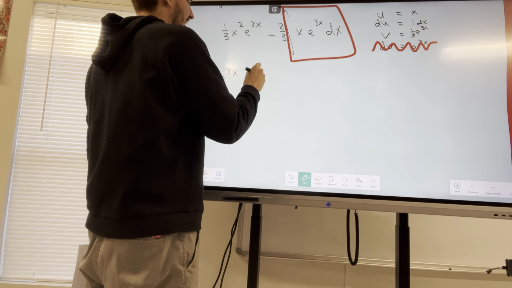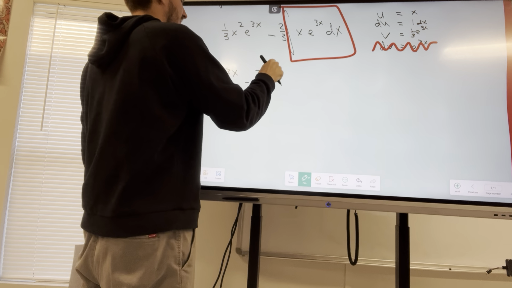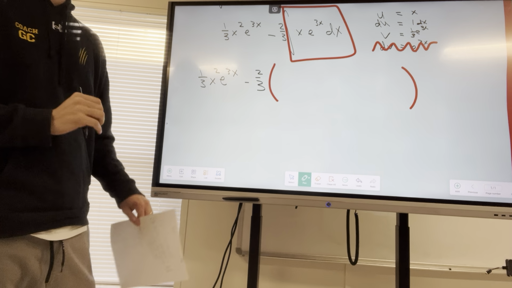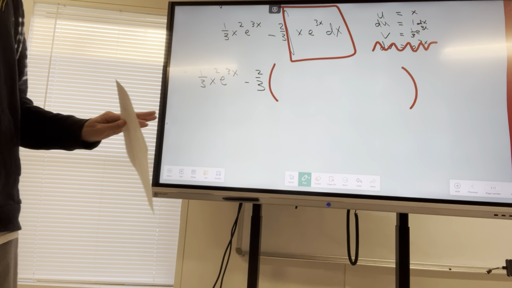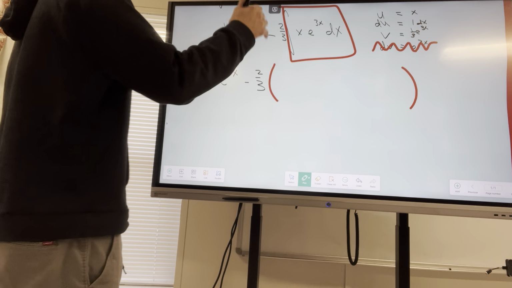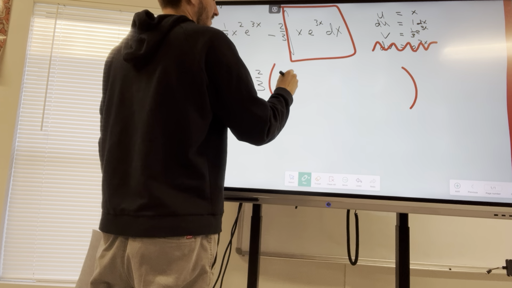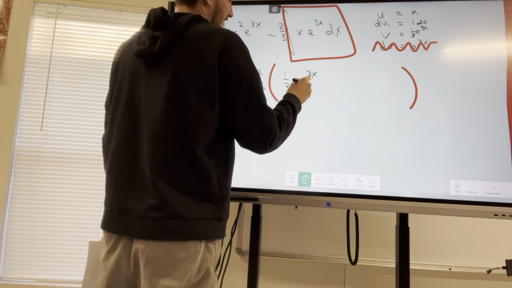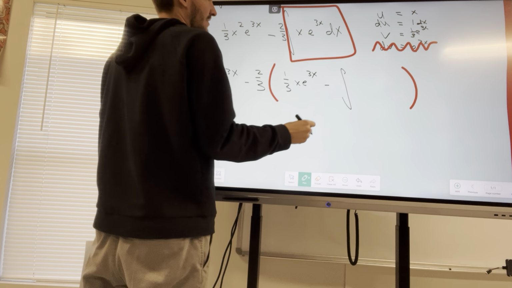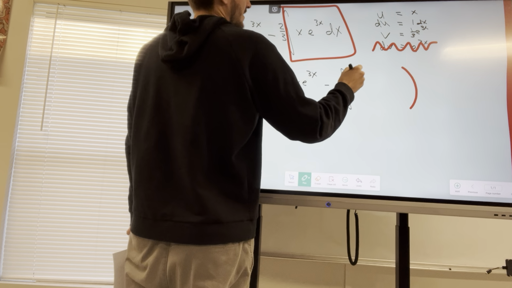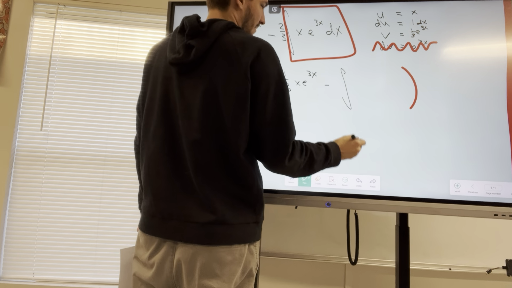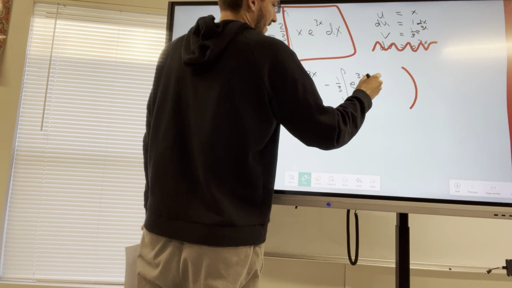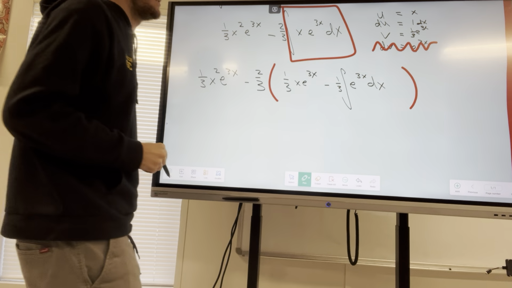Then we have minus 2/3, and that is going to be multiplied by the integral, which we're going to spread out using by parts to be uv: 1/3 x e to the 3x minus the integral of 1/3, maybe I put that 1/3 in front of my integral, e to the 3x dx.